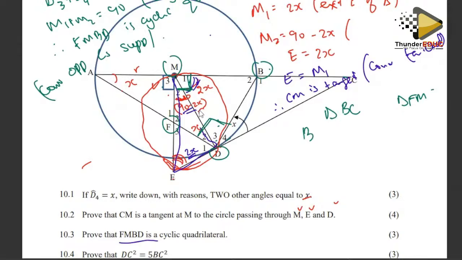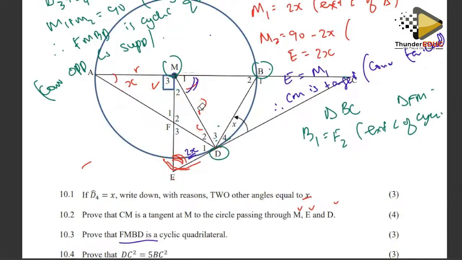So we say that B1 is the same as F2 because of exterior angle of a cyclic chord.